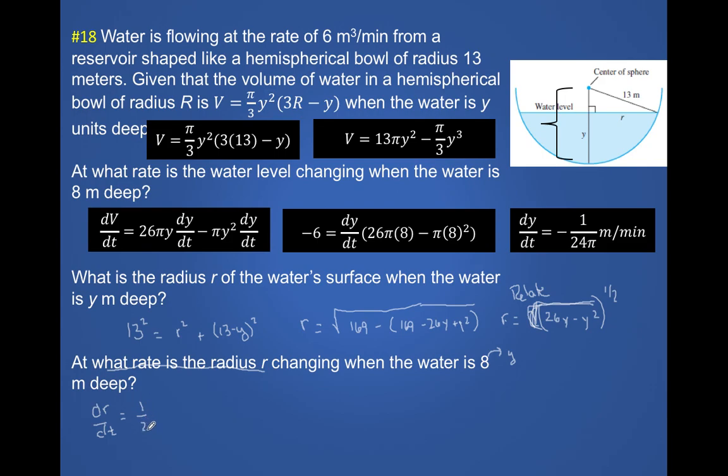So wouldn't that be 1/2, copy over the middle, to the negative 1/2, times the derivative of the inside, which is 26 times the derivative of y, minus 2y to the first times the derivative of y.